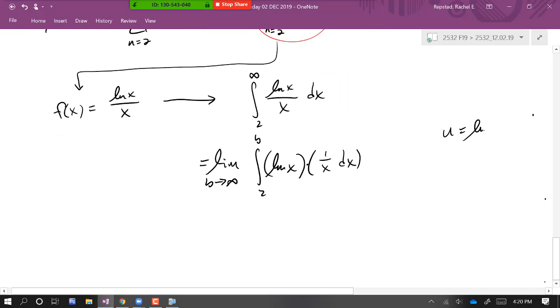If u is ln x, du is 1 over x dx. So this is u du. That's just a power rule integral. The 1/2 u squared.